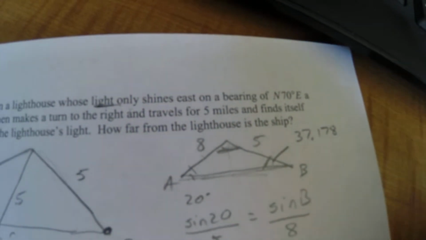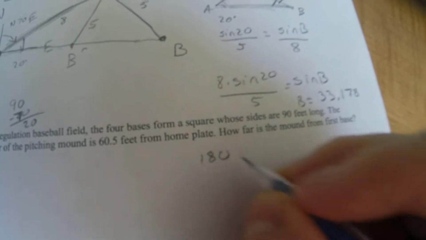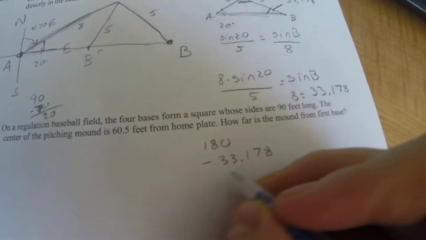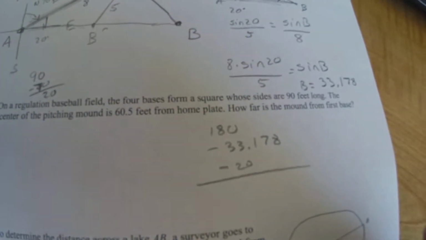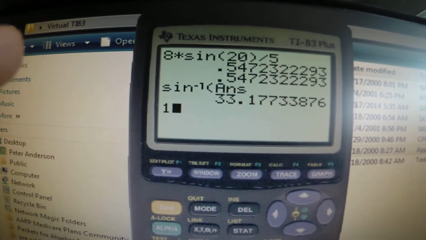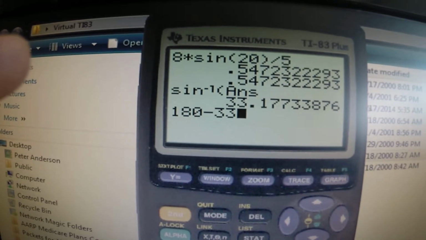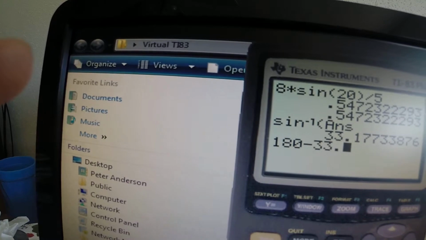So to find that angle, it's 180 minus the other two. I have to steal some space down here, so 180 minus 33.178 minus 20. I'm going to solve that on the calculator. So it's 180 minus 33.1. Actually, you know what I'm going to do?